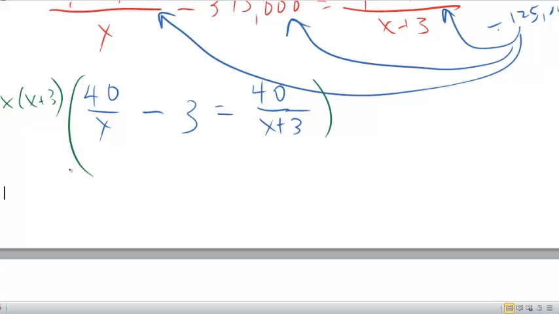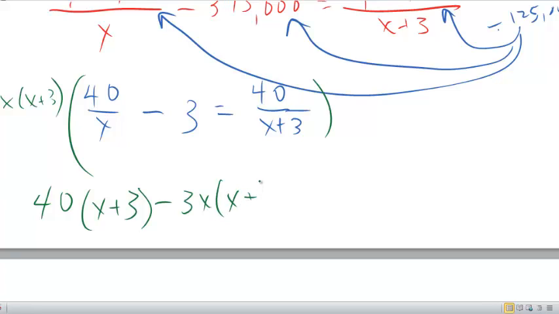When we do that, our first term, after the x cancels, will be 40 times x plus 3, minus 3 and nothing cancels, so x times x plus 3. Notice that 3 times x is the same thing as 3x. I can just leave that like that. It makes my life easier later. And then 40 over x plus 3 times x plus 3. Those x plus 3's cancel, so I just have 40x.